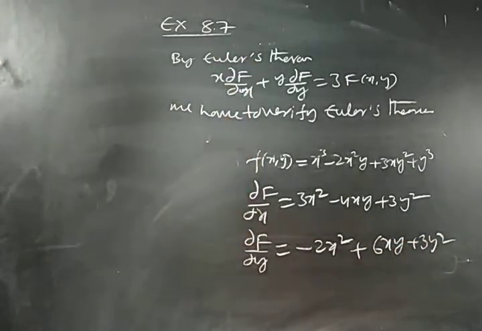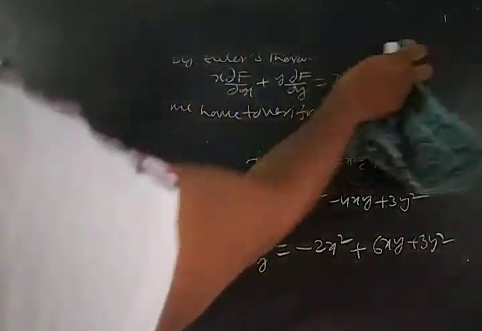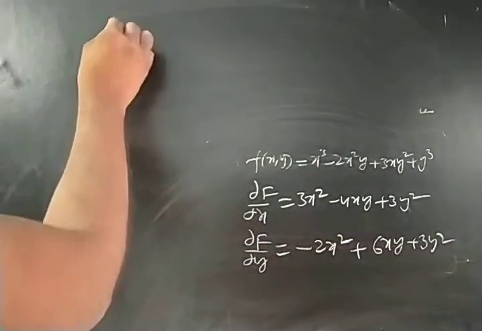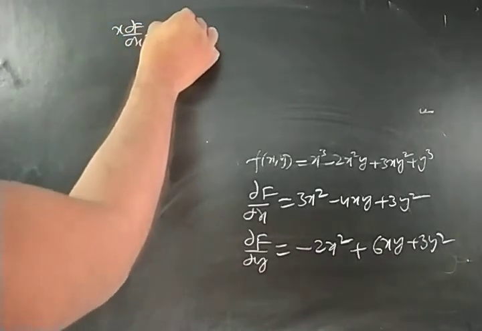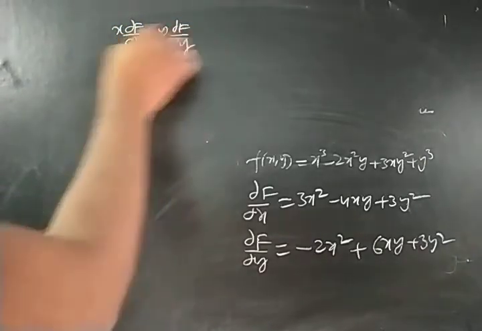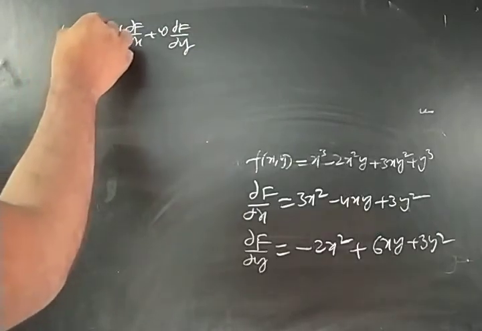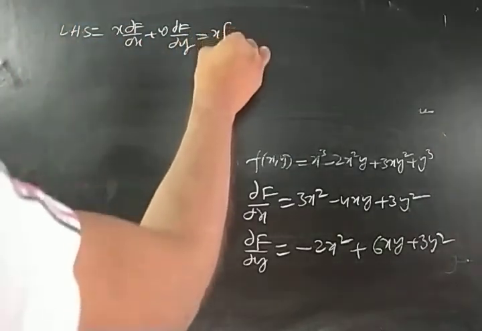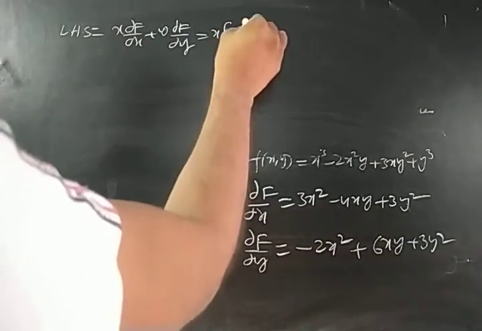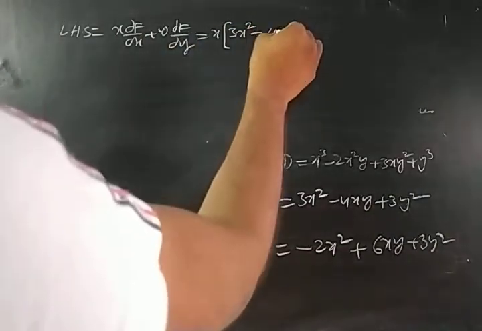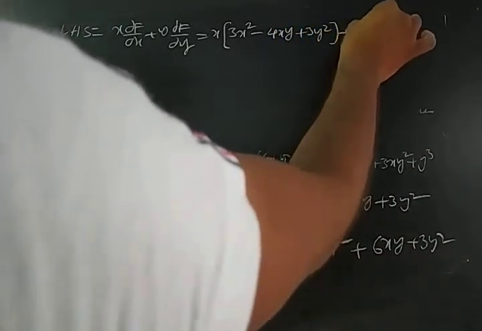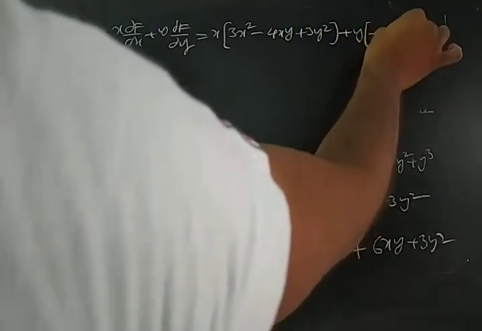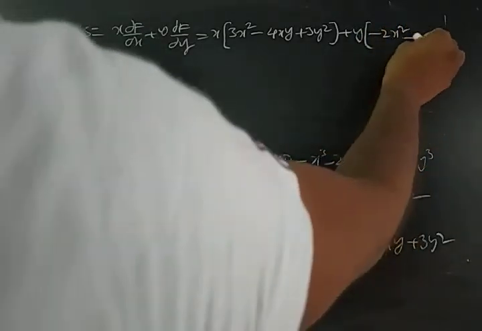Now I am substituting in the left hand side. What is the left hand side? x into dou f by dou x plus y into dou f by dou y. Substituting: x into 3x square minus 4xy plus 3y square, plus y into minus 2x square plus 6xy plus 3y square.